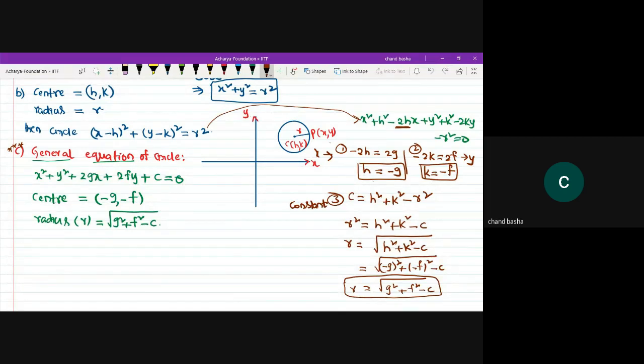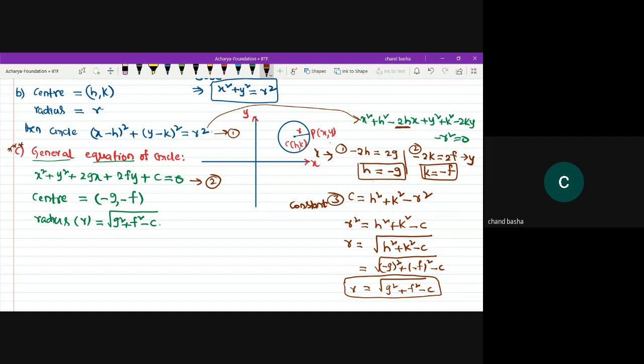In the B part, that is equivalent to what? Is it C? This is equation 1 and this is equation number 2. From equations 1 and 2, I can write. From equation 2, C constant is there. From equation number 1, what are the constant values? h square plus k square minus r square.